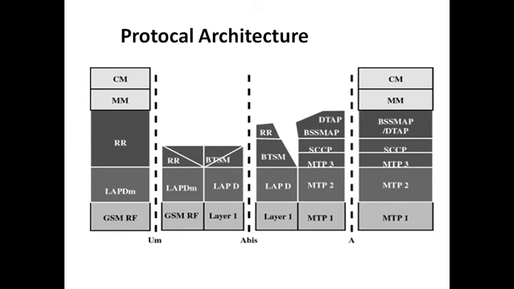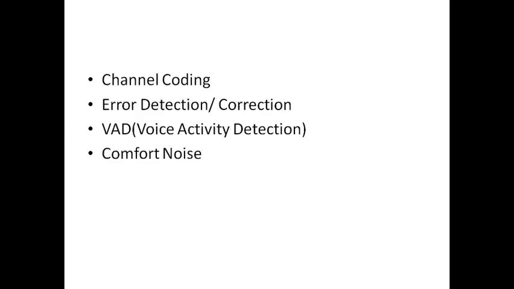Layer 1, MTP1, is there, so that is nothing but PCM. If you observe the last layers in all the parts, layer 1 MTP1 is there, that is nothing but PCM. PCM means pulse code modulation.